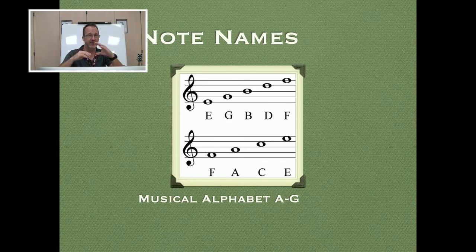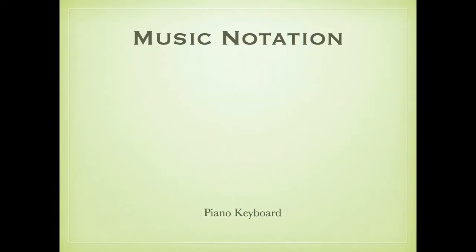And then the spaces, the space between the lines: F, A, C, and E. So the lines, every good boy does fine; the spaces, that washes his face. That might be a little mnemonic device that'll help you remember the note names as you're going.